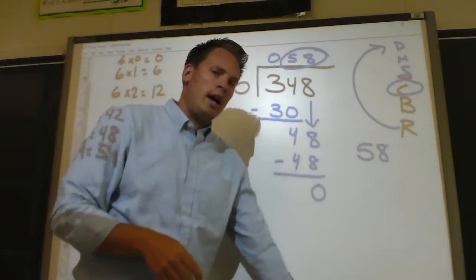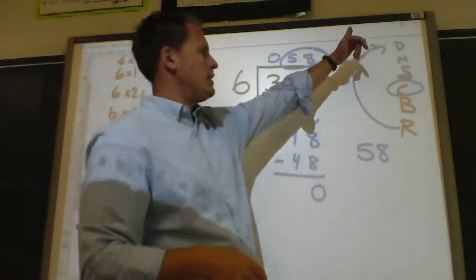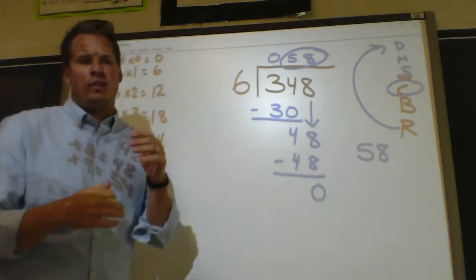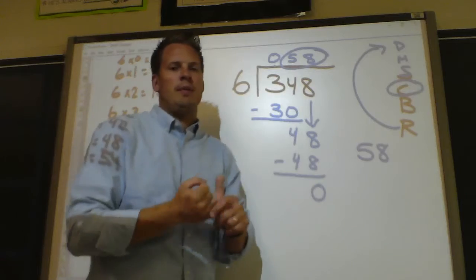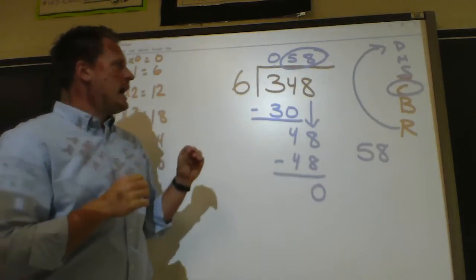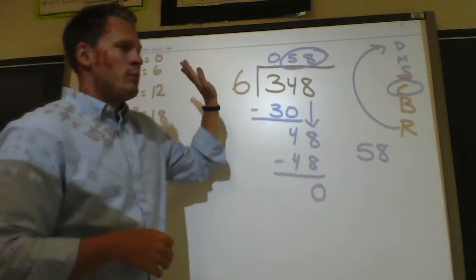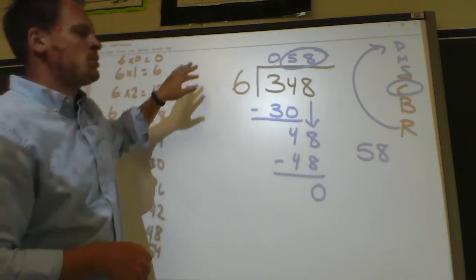Okay? Listen, I understand for some of you this is difficult. For some of you, I understand the steps are difficult. It's hard. You need to practice long division. It's going to make a whole bunch of concepts that we do later on this year a lot easier. If you can understand how to divide using this algorithm, you're going to be able to get decimal answers. You're going to be able to get decimals on the inside, decimals on the outside.